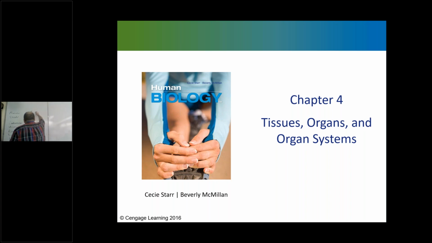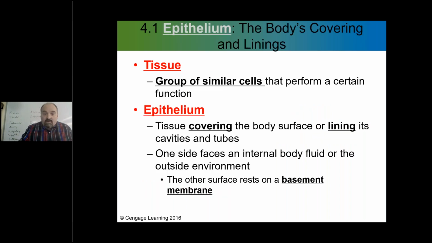Then we have N for the nervous system. E for the endocrine system. R for the reproductive, male and female. And D for digestive. Those are the body systems. I reviewed those last class, so I'm not going to go much into them at this point for this class, but we are going to go step by step over the first few slides here.